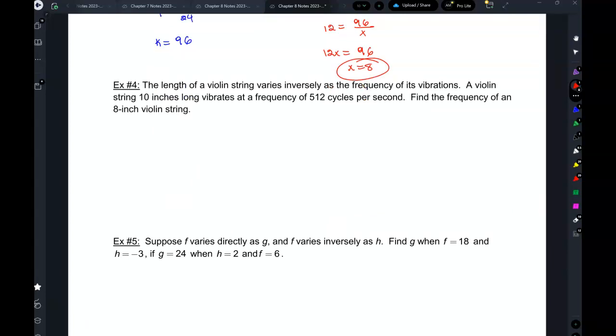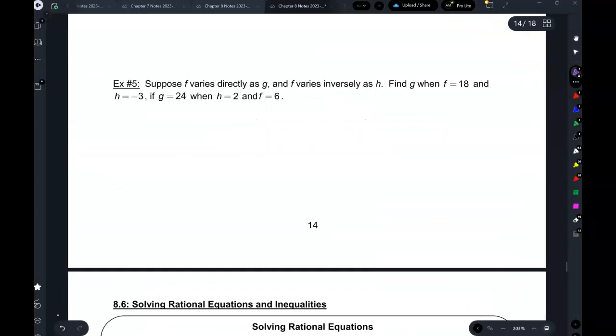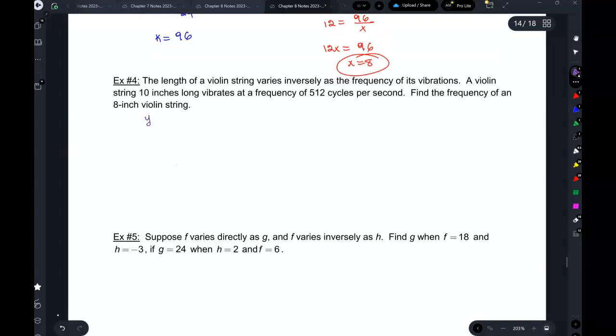The length of a violin string varies inversely as the frequency of its vibrations. Boy, do I know that, because I'm always hearing violin at home. Would length be x? The length of a violin string varies inversely as the frequency of its vibrations. So y equals k over x.